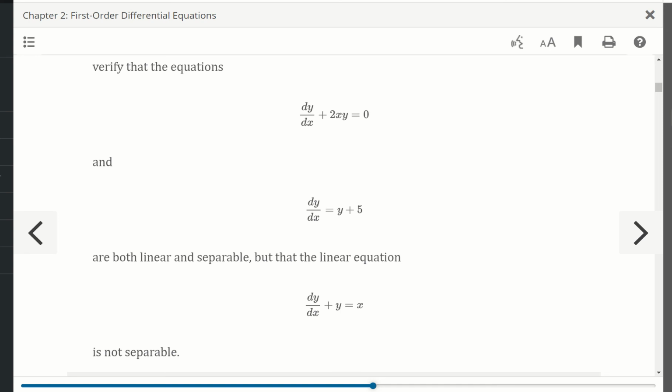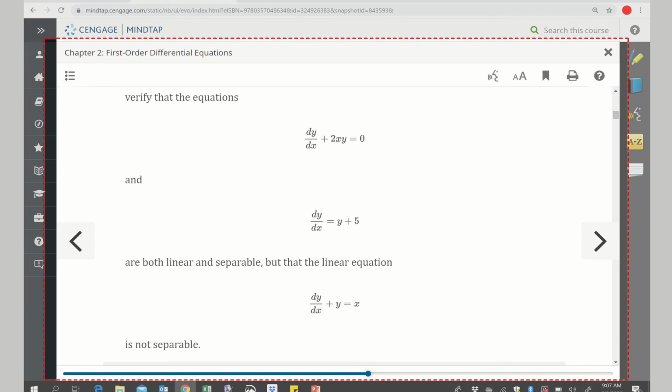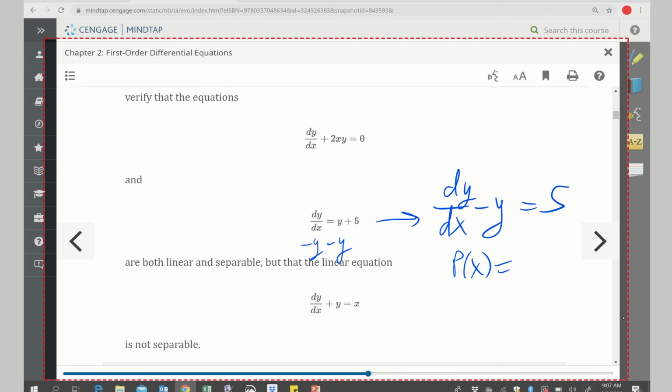So if I were to take that middle equation, if I subtract y from both sides, then that would give us dy dx minus y equals to 5. And now it would be in the standard form. P of x, which is the coefficient of y, would simply be negative 1, and f of x would be whatever function on the right hand side we have. That would be equal to 5.